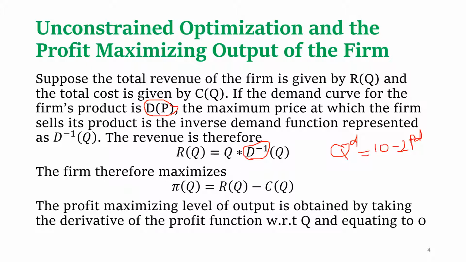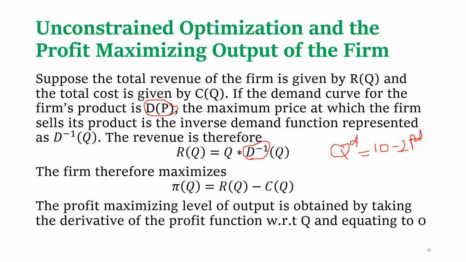Now, if you want to find the inverse demand function here, that is to say, you want to find the maximum price at which the farm is going to sell its product, our aim here is what? To maximize profits, right? The farm wants to maximize profits. He can only maximize profits if he is able to sell his product at the maximum price.